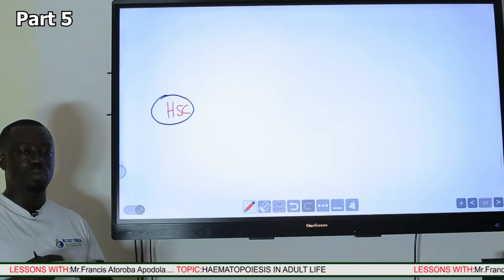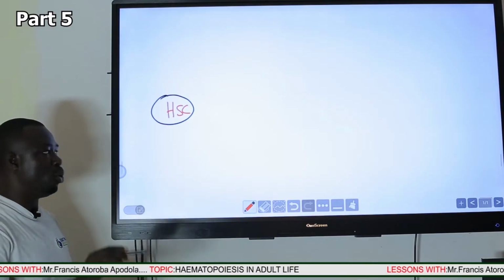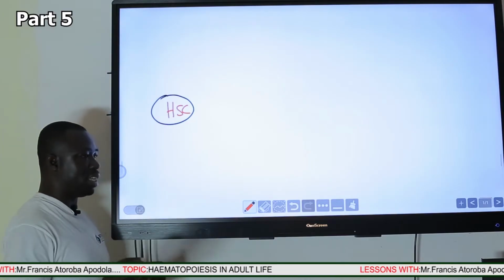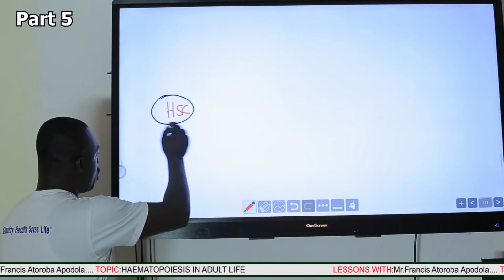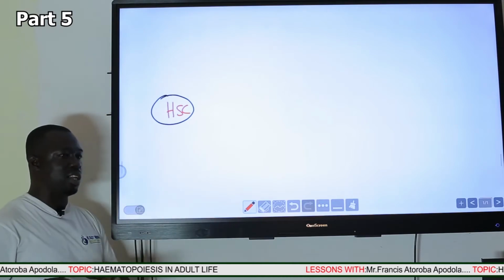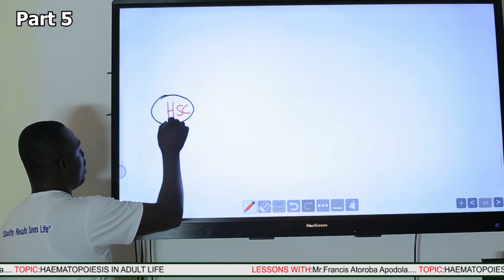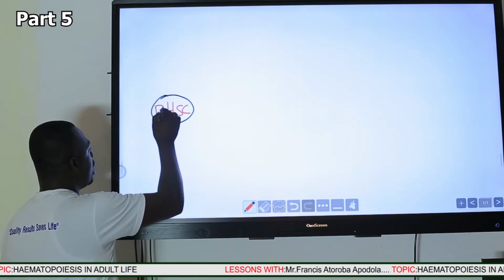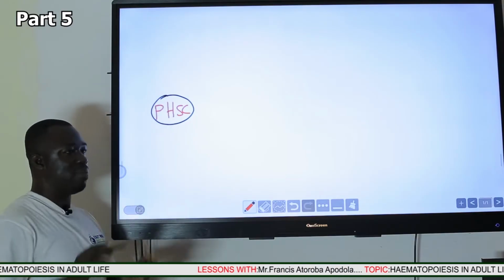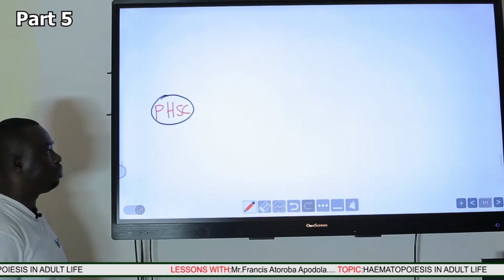Being a pluripotent stem cell, the word part pluri means many. Because this hematopoietic stem cell has many potentials, we can rename it a pluripotent hematopoietic stem cell.